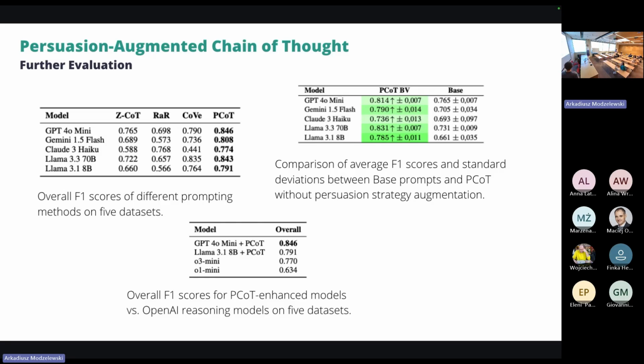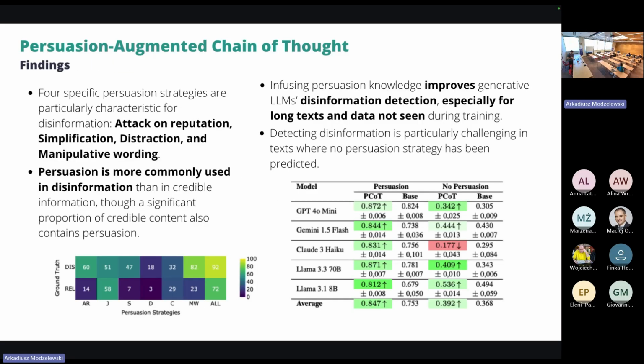I've done experiments on a base variant of PCOT where we didn't introduce the specific structured knowledge of persuasion, but just a simple definition. And we show that even with providing a definition, large language models work better, but still our method was significantly better.